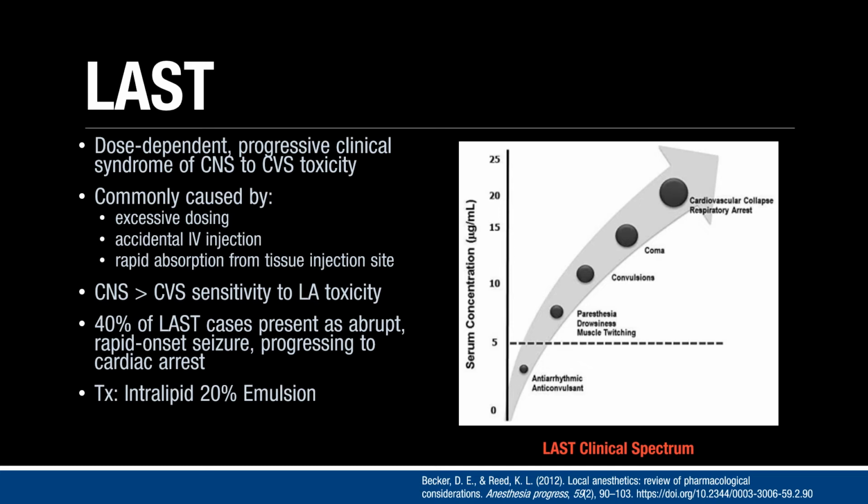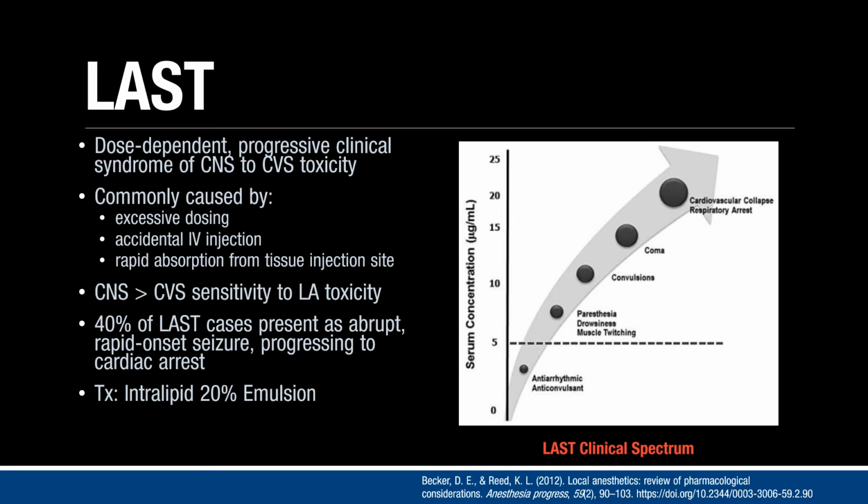So you redose the patient without the prior dosing having a chance to have worn off. Or it can happen from rapid absorption from hypervascular tissue injection sites, where the local anesthetic is rapidly absorbed due to the significant vasculature at the site.